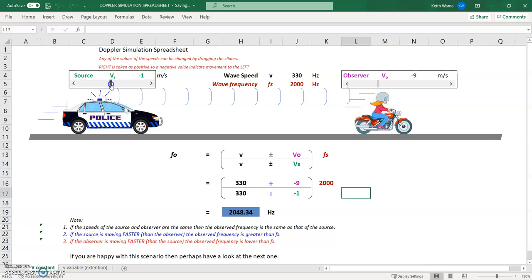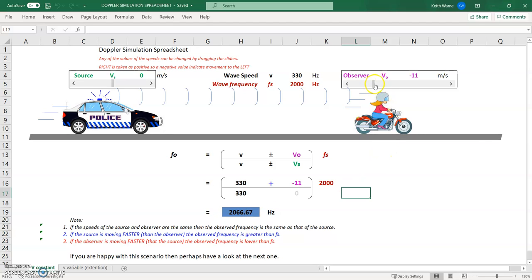If this police car was to go back to 0, if he was to stop and she was coming towards him, so now her velocity is negative, you can see the observed frequency is still higher, as it should be. Also note that if the velocity of one of these people stays constant, then the frequency that is changed, in this case increased, stays constant.